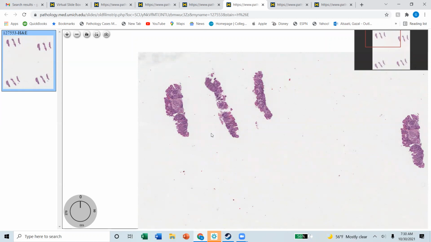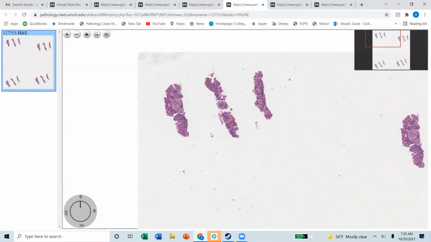Okay, so how do I know? If I don't have oxyntic glands, there is no way for me to know that this is truly an atrophic body, right? So what I do is I use some stains to help me with that. Number one stain is gastrin. Number one and only, actually, is gastrin.